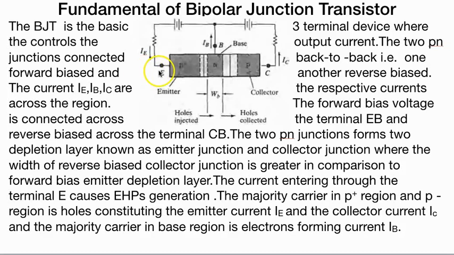IE is the emitter current going into the emitter region, the base current going away from the base region, and the collector current again going away.